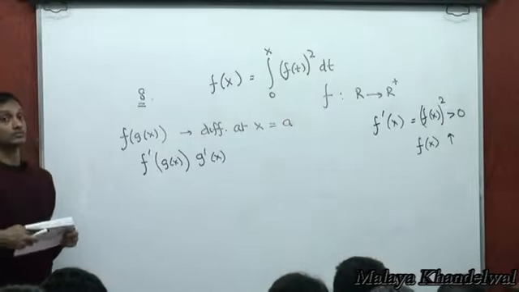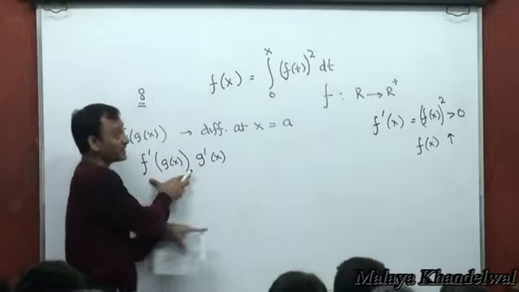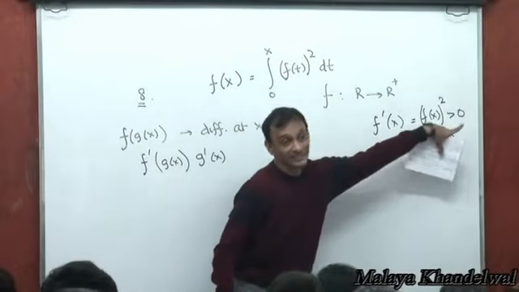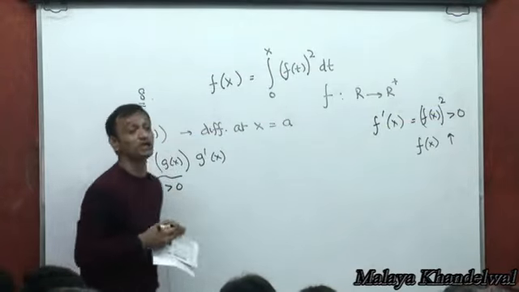Now, the important thing is f dash g x is always greater than 0. F dash of anything is always greater than 0. So f dash g x is never equal to 0.